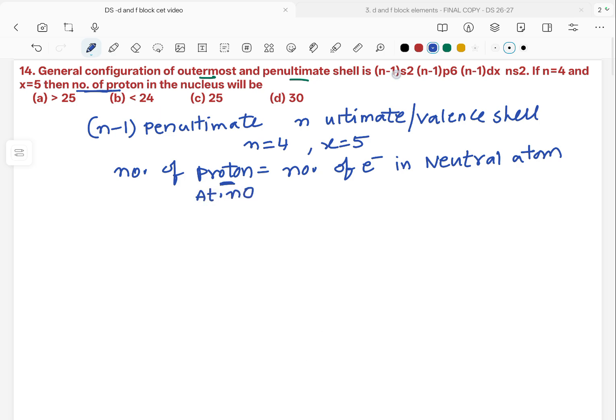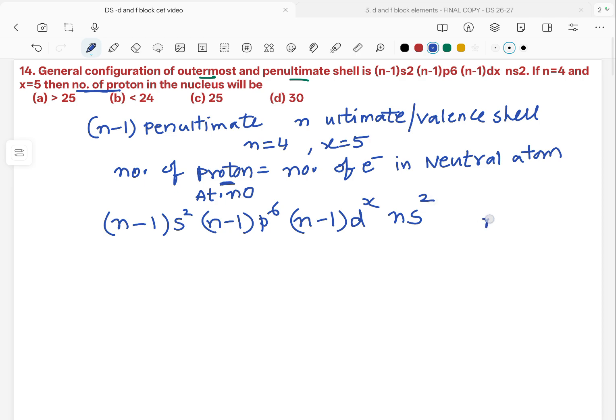Now let us apply this configuration, that is (n-1)s2 (n-1)p6 (n-1)dx ns2.